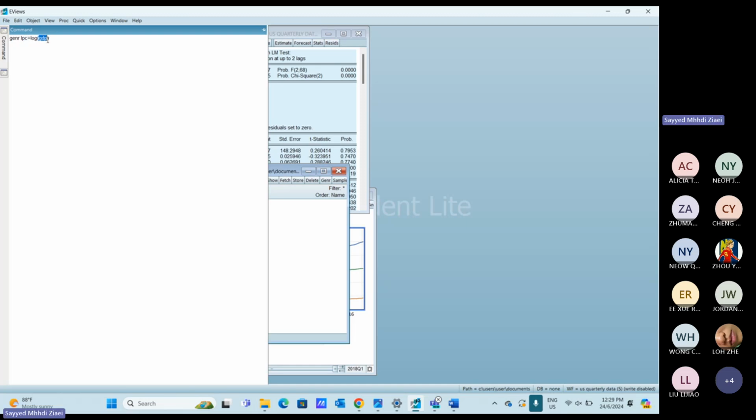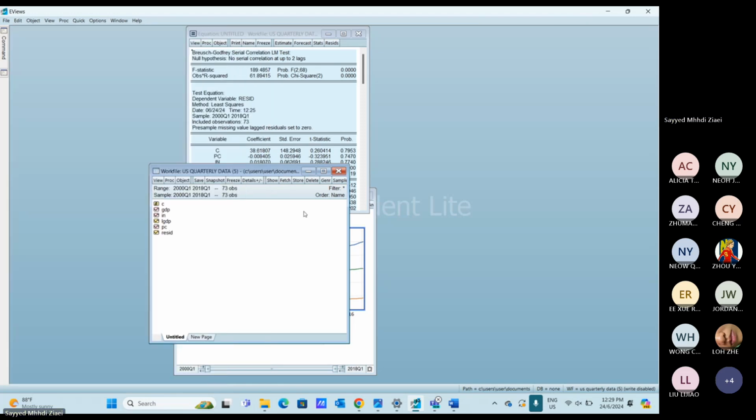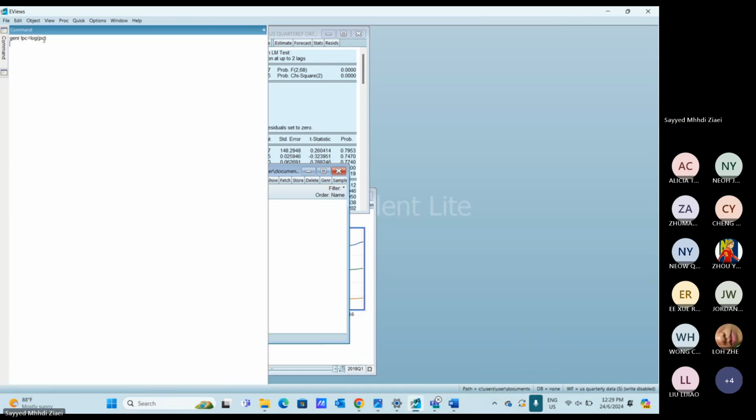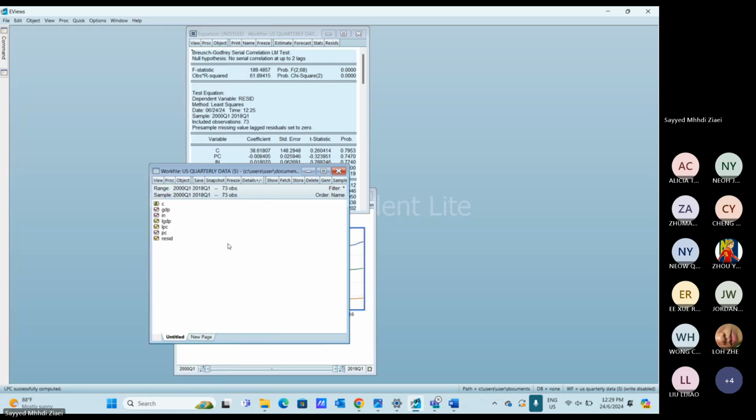So we ask the software to generate the logarithm of PC, private consumption, and then enter. Don't forget, you need to enter. LPC is here now.